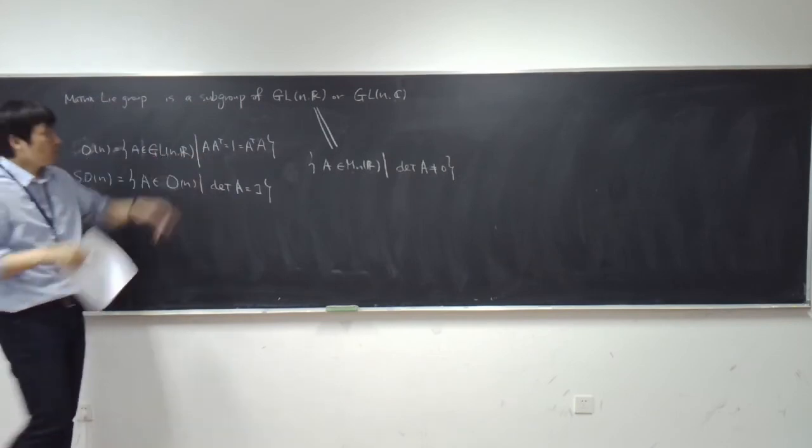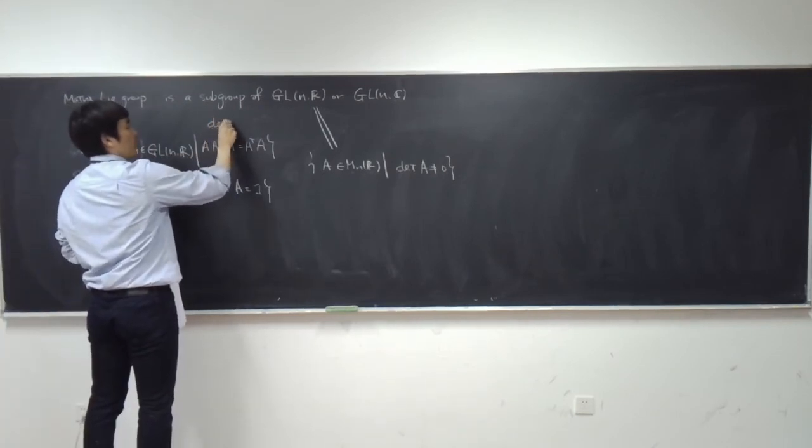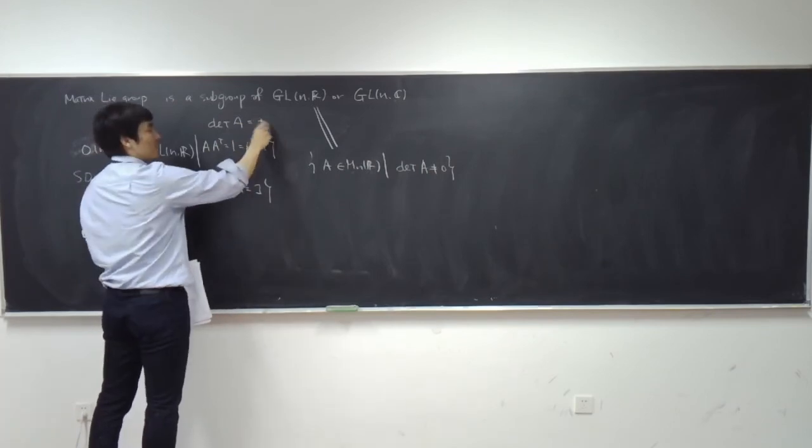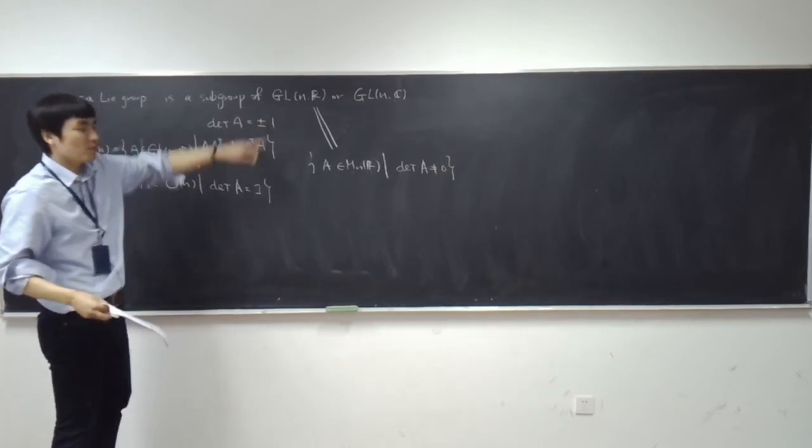So from here, of course, the determinant of A is what? Can you understand that? This is either plus or minus 1. If you pick only the plus component, you get this one.